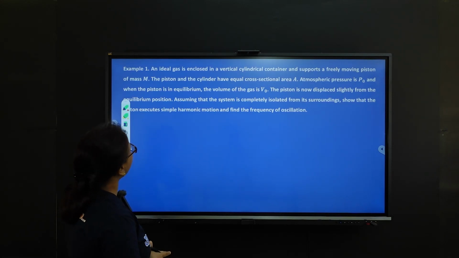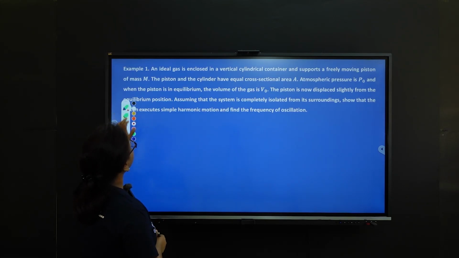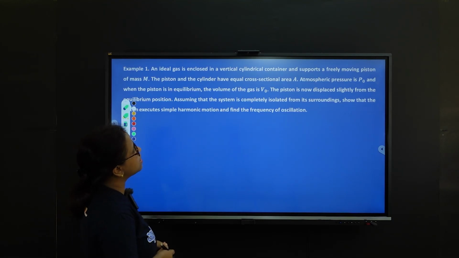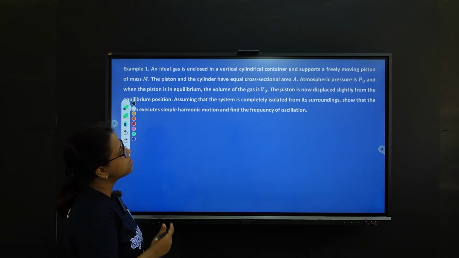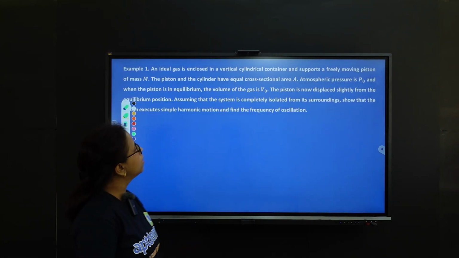So, we have an ideal gas which is enclosed in a vertical cylindrical container and it supports a freely moving piston. The mass of the piston is given as m.